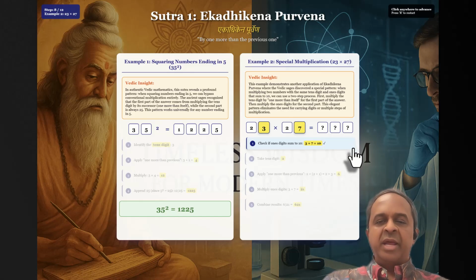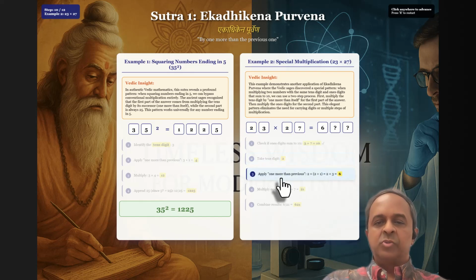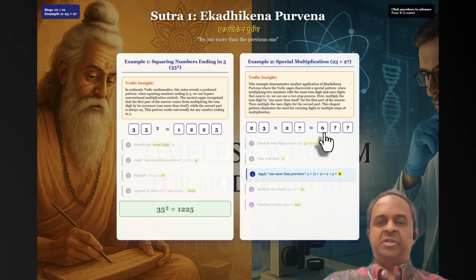Now you take the tens digit, which is 2, and apply the one more on that. So 2 plus 1 is 3. So 2 times 3 is 6. Now that becomes the first part of the result, which is 6.